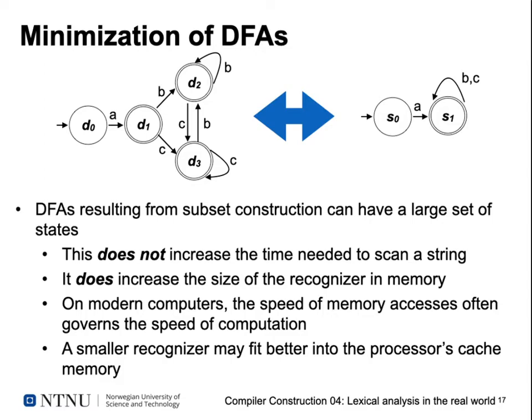And if you're processing millions of strings a day using a scanner, for example, you're always compiling lots of stuff, or you're using a scanner in different applications, then it's obvious that a faster scanner is a scanner that is more useful, because you can run more transactions per time unit.